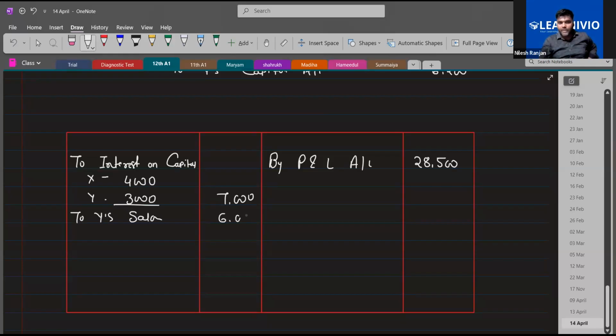So this is how we have to write and then calculate balance. When we calculate total, it will be 28,500. 28,500 minus 13,000. So balance will be 15,500. This is the profit to be distributed.